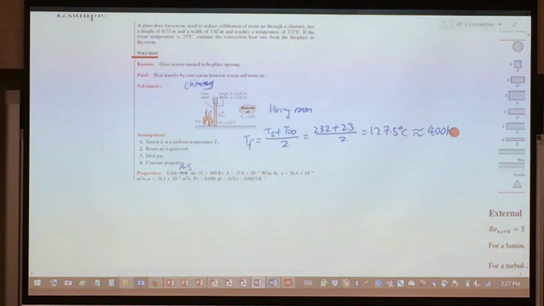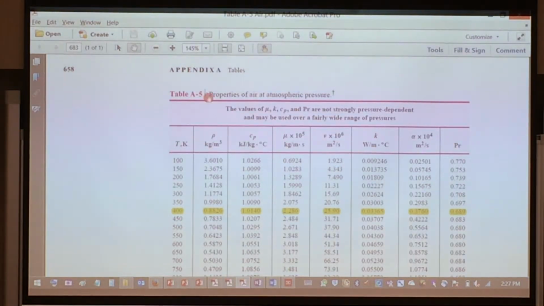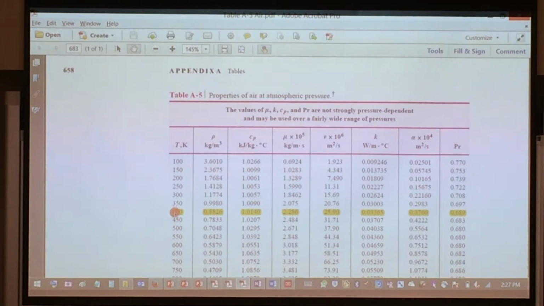Why do I convert it to Kelvin? That's because in this table, A5, this column over here is telling me that this is in terms of Kelvin. Right. And very nicely, I have the 400 Kelvin that allows me to find out the corresponding properties over here.